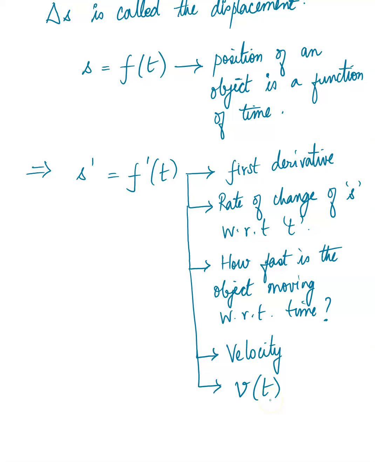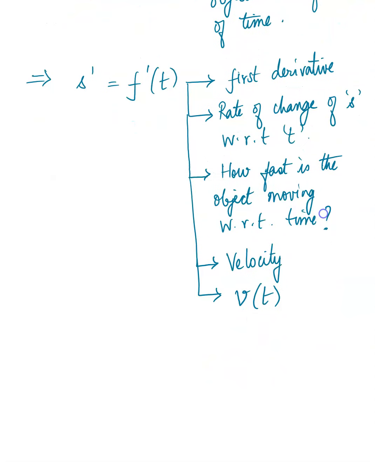So position was s as a function of time, and v of t is now giving us the velocity. And one more notation is that v of t is nothing but ds over dt. If you use the d over dt notation, it's the derivative of s with respect to t. That's the rate of change.